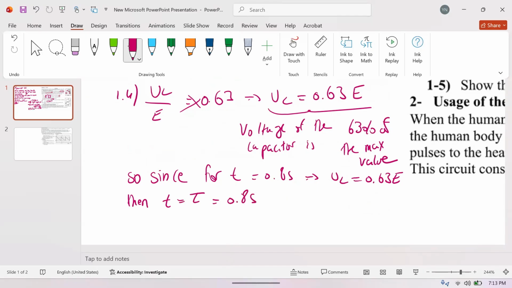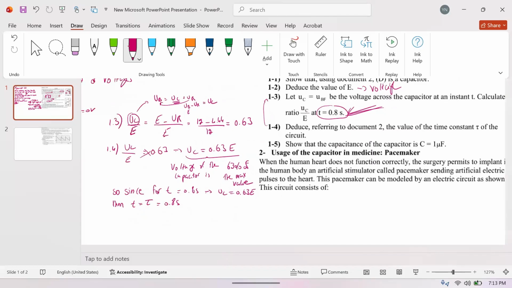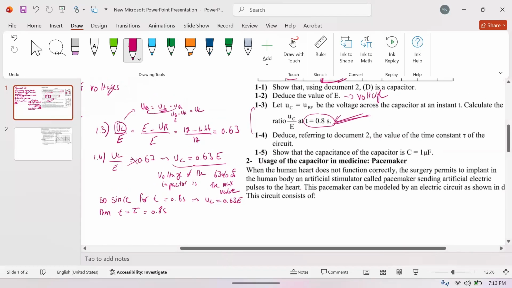If you had another answer for the ratio like 0.74, it's not a specific number, it's a random number. So it's not a special time. But here it's a special time, it's tau, because it's 63%. Okay, so this is 1.4 and we found tau, amazing.